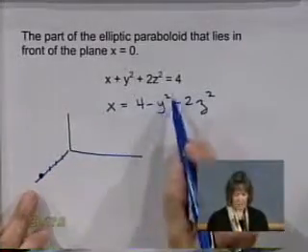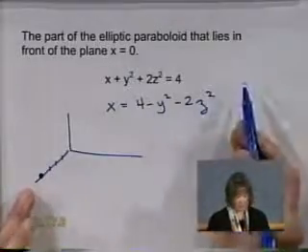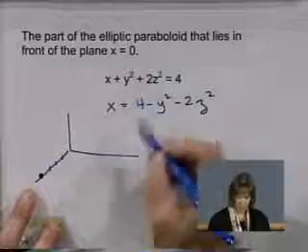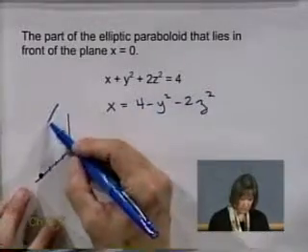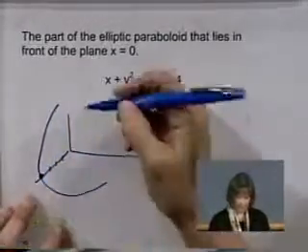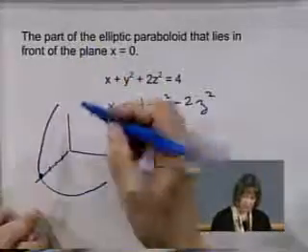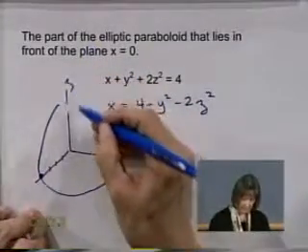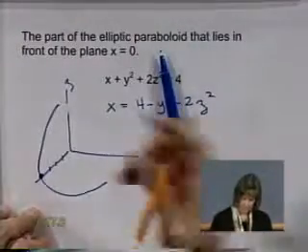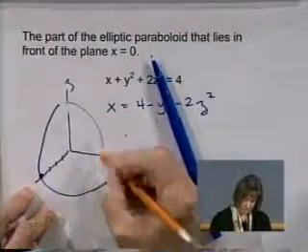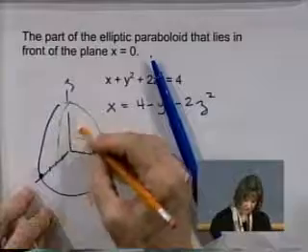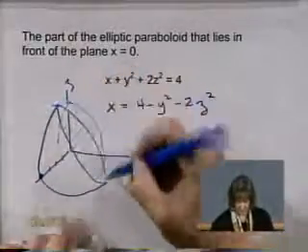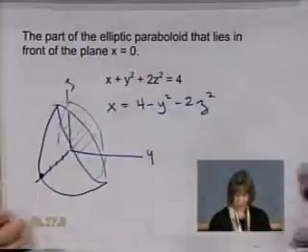And if y and z are anything other than 0, your x is going to be less, and your paraboloid is going to be going like this. But they want it in front of x equals 0, so when it comes to the yz plane, we're going to cut it off. My picture really stinks, but you can get the idea. You're cutting it off there. This paraboloid's coming like that, but we cut it off when it gets to the yz plane.